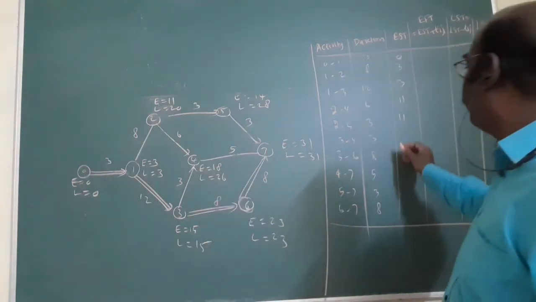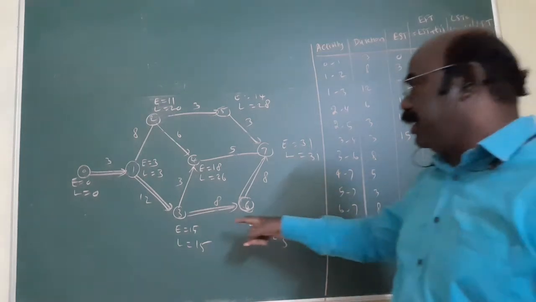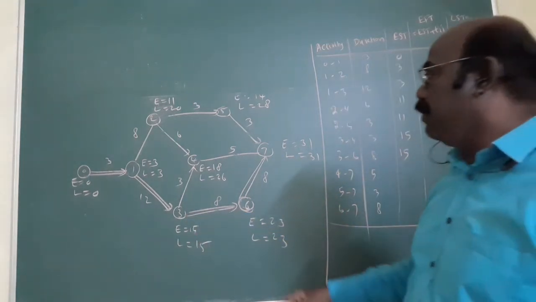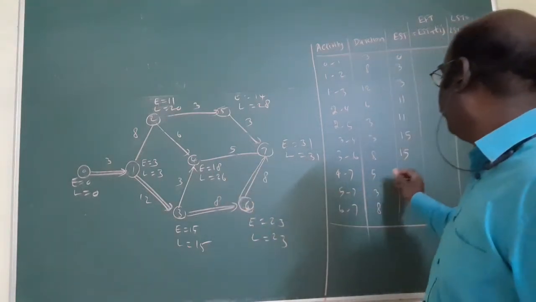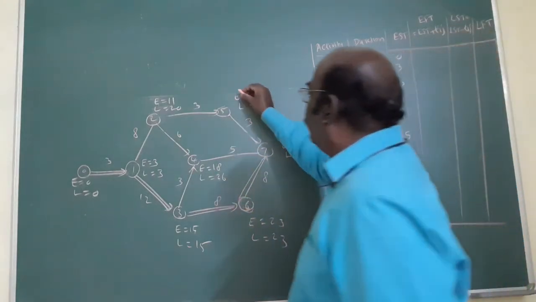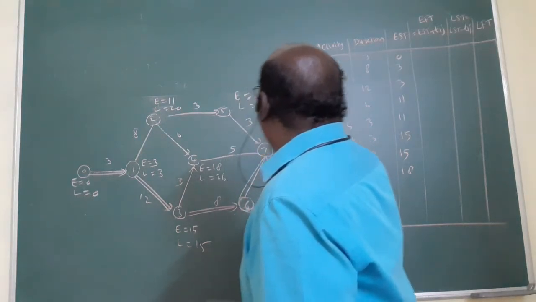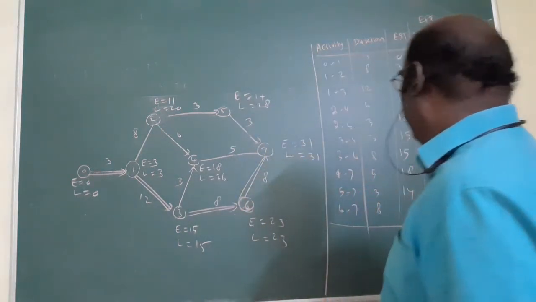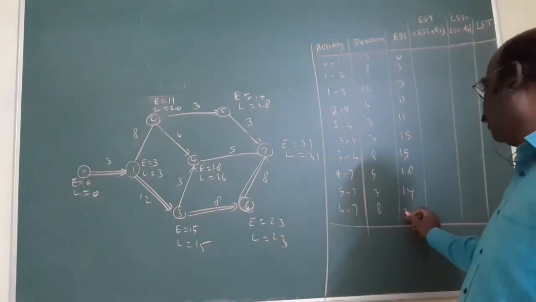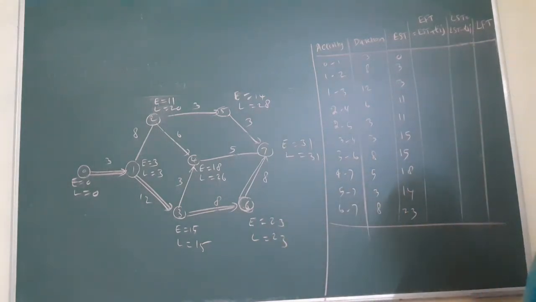Here 15. 3 to 6, 15. 4 to 7, 18. 5 to 7, 14. Last 6 to 7, 23. Am I right? In this way, from the diagram you write the answer.